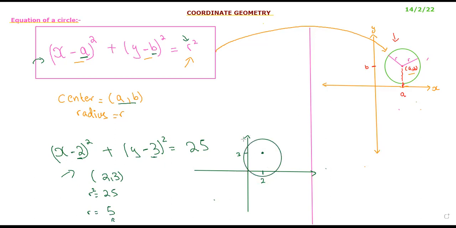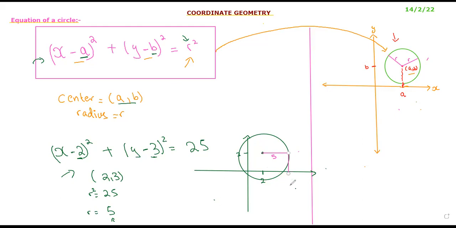not exactly this. Wait a second. It would be something of this type. And I would know that the radius is 5. So this distance is 5. So let's say if this is 2, then if I make a proper horizontal line like this radius, I would know that this point is 2 plus 5, right?